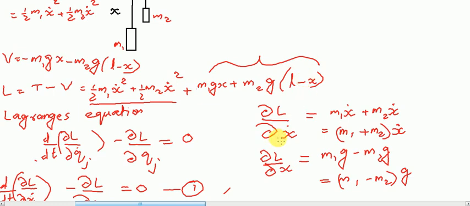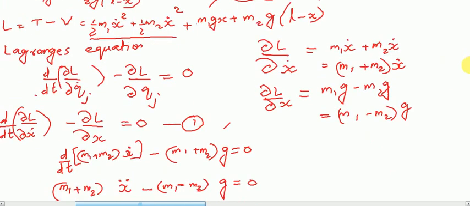So differentiating with respect to x dot, the answer becomes half m1 2x dot plus half m2 2x dot. Half and 2 cancel, so the expression becomes m1 x dot plus m2 x dot, that is equal to (m1 plus m2) x dot.